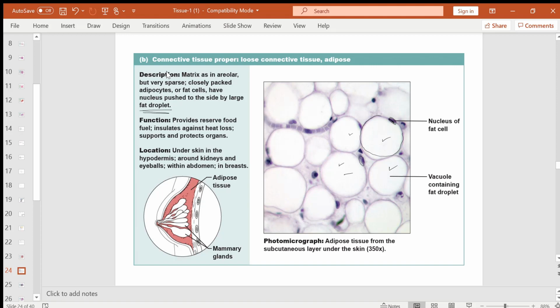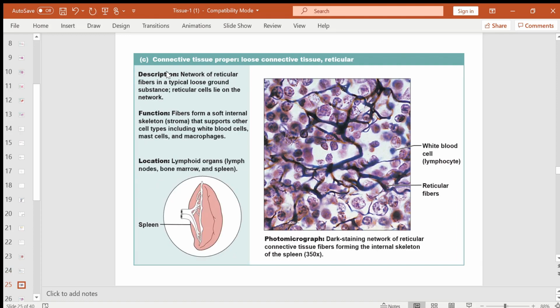So those are the main areas where you will find a lot of fat or adipose tissue: female breast or mammary gland, under the abdominal wall, and under the skin in the female body, subcutaneous fat. Fat tissue works as a stored source of energy.